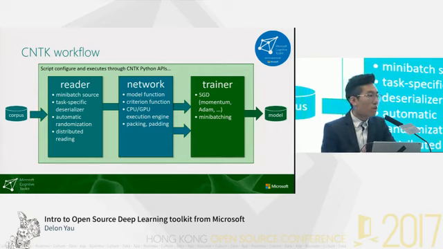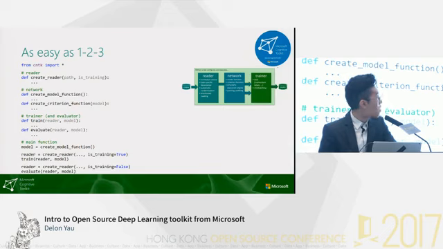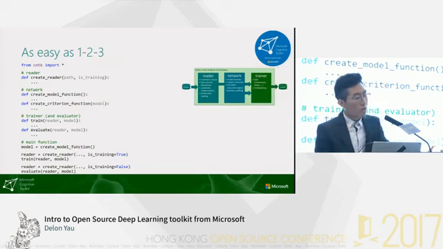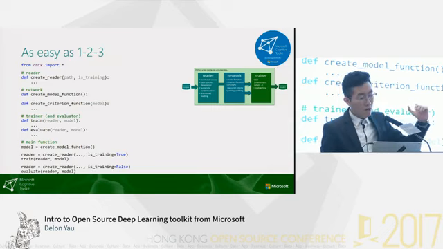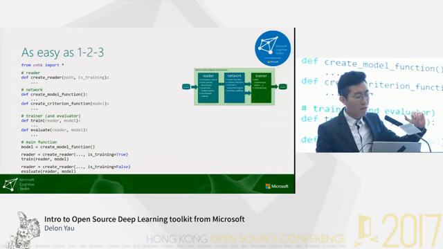The algorithm that we use is stochastic gradient descent, with some mini batching, and then you will form your deep learning model. This is a code snippet of these three easy steps. At the top, we have the reader that creates the path, then we call the model function to do all the GPU and CPU processing, and then the trainer to do the evaluation.